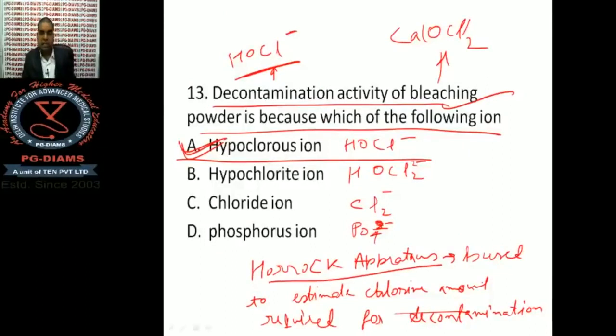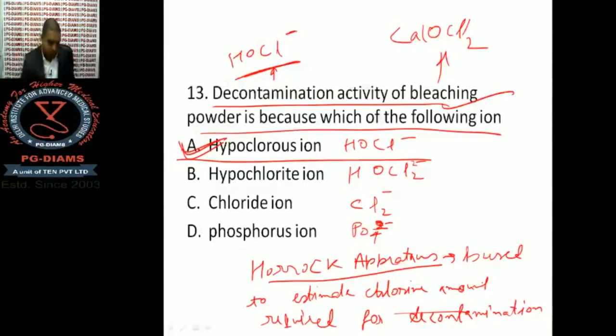It consists of 5 tubes in which you put water and calculate how much bleaching powder is required to be put in the well so that the water will have 0.5 milliequivalent of chlorine after 1 hour of contact. Why 0.5? Because that much is required for the decontamination activity of chlorine.